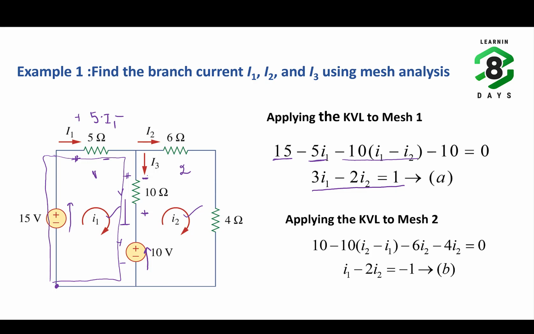It is 10 into (I2 minus I1). Next, again it is a current entering terminal, current leaving terminal, so it is a potential drop, so minus 6I2, and through this one the current flowing is I2 minus 4I2. If you simplify this, you are going to get I1 minus 2I2 is equal to minus 1.